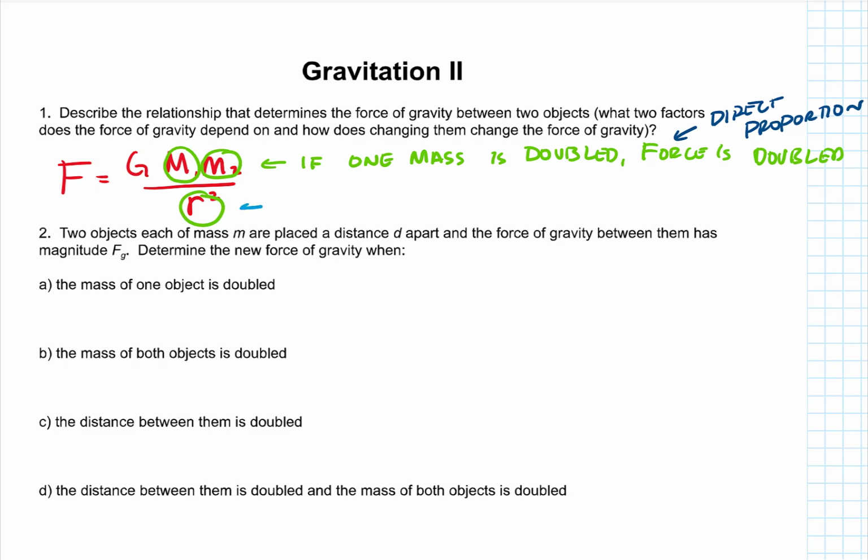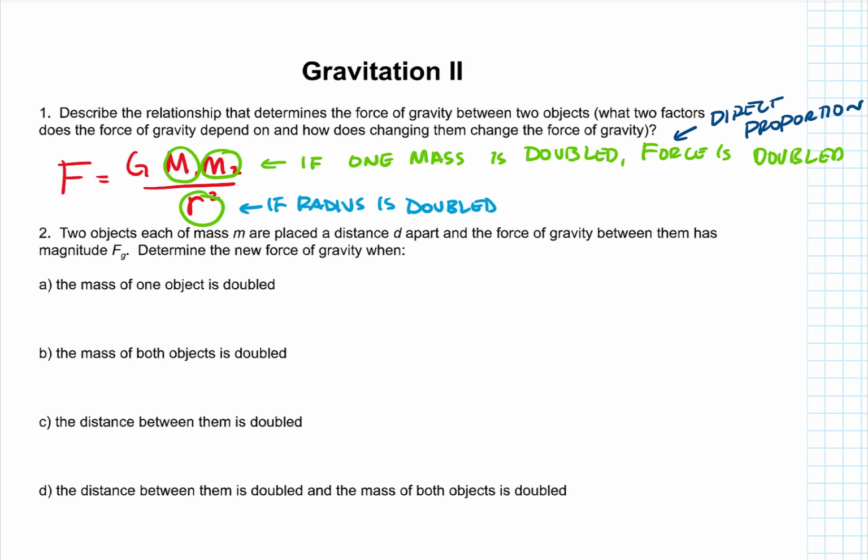However, radius is a little crazy. If the radius is doubled, one, because it's in the denominator, it's going to make the force smaller. And two, because it's squared, it's not just going to be halved, it's going to be quartered.